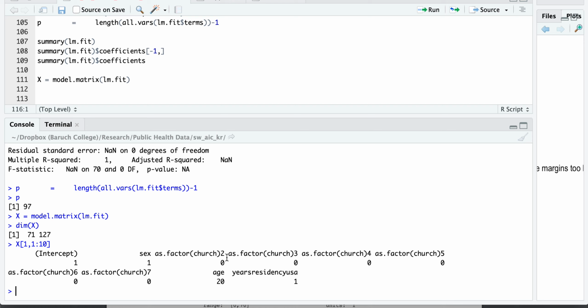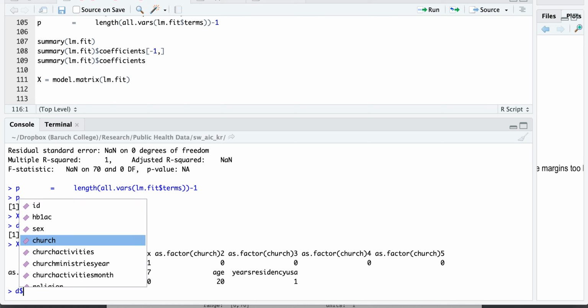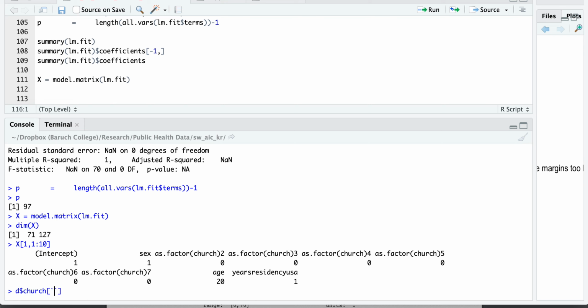This is interesting because in the first row of X, the category for church is not 2, 3, 4, 5, 6, or 7. What can it be? It's 1. And we can see that by looking at church and looking at the first observation.